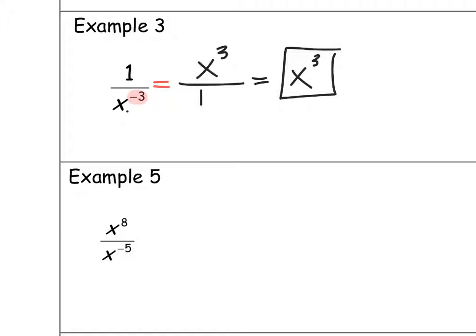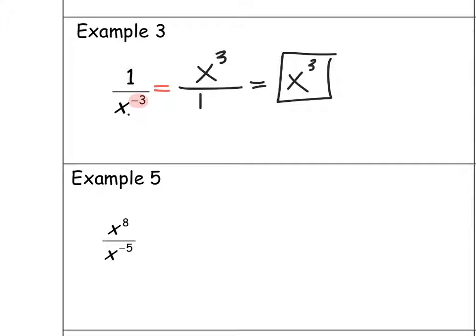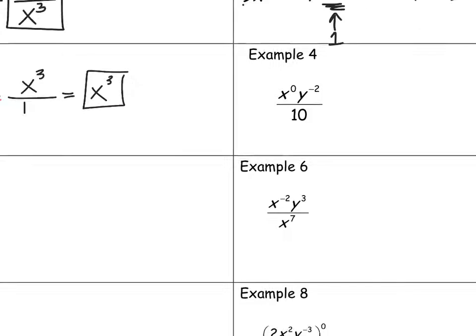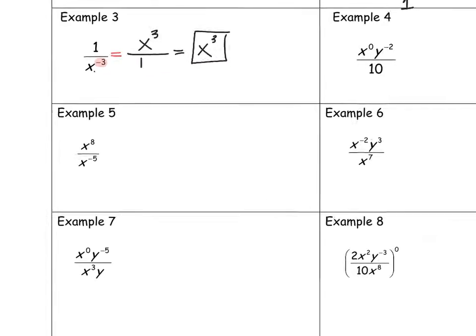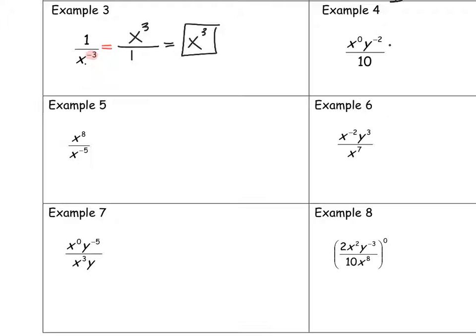All right, example 4 has a lot of stuff going on, right? Example 4, I have an x to the 0th power, so that's just 1. I'm actually going to cross that out. I have a y to the negative 2, and I have a 10 in the denominator. So y to the negative 2, that's my negative exponent right there. That wants to move to the denominator.